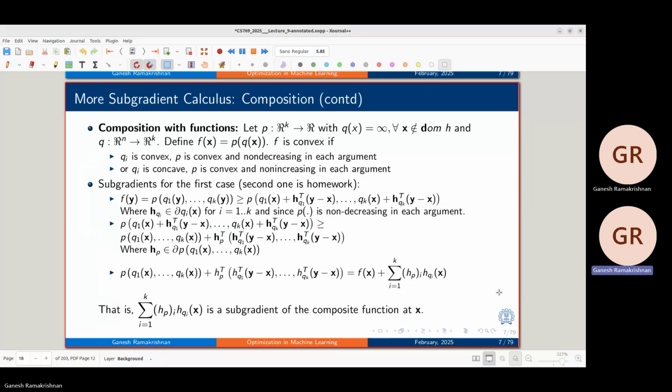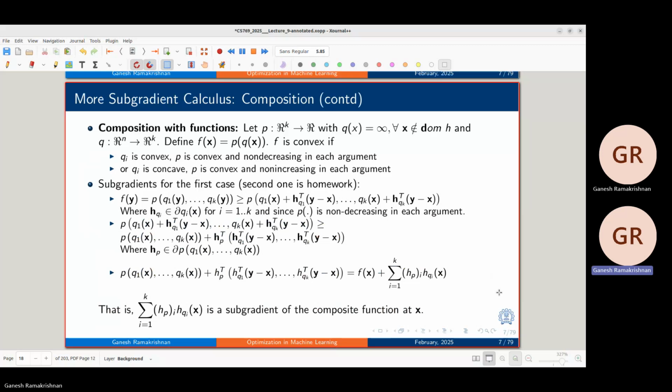So if you just run through the same steps, what will happen? This inequality will flip in sign. But what happens after this? Because of concavity, there will be one more flip. In fact, there will be a negative sign once you go to the other side because of concavity.